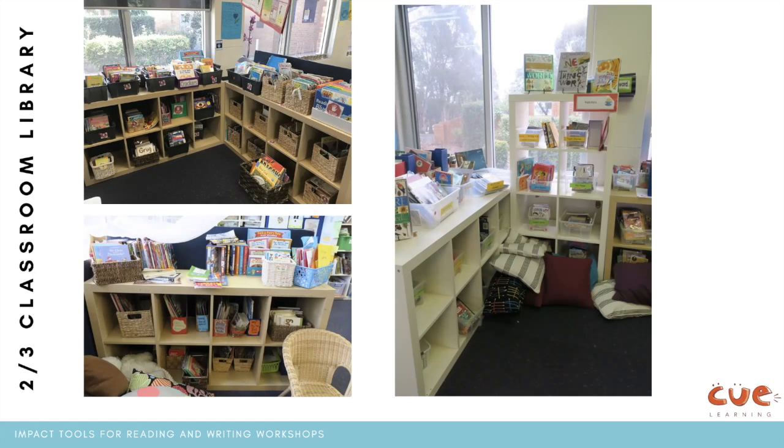But once again, you can see the baskets allowing for students to be able to flick through those and get to see the covers of books, which makes it much easier to choose when I can see the covers and not just the spine of the book. So that's very intentional, having those baskets, and we saw that in the reception 1 classes as well.